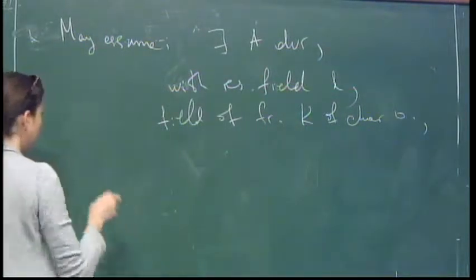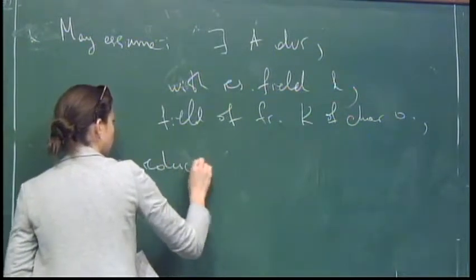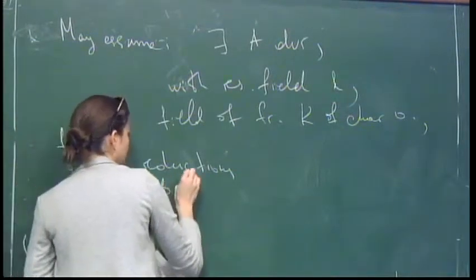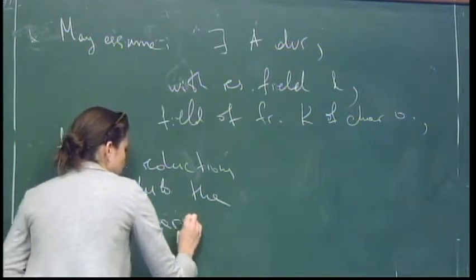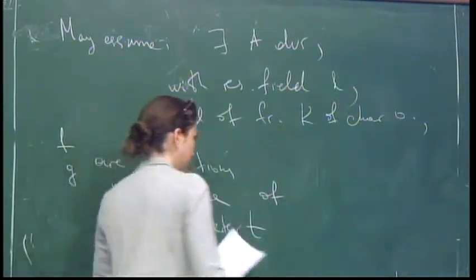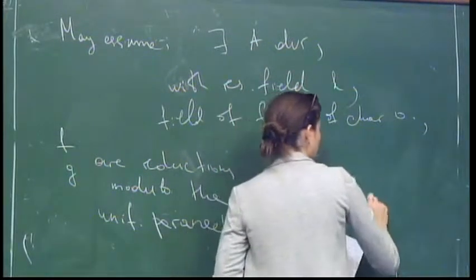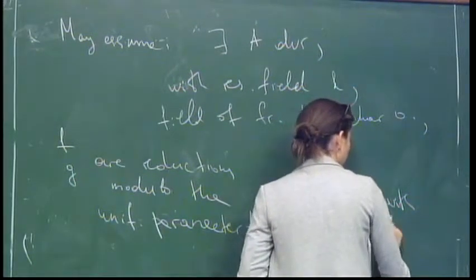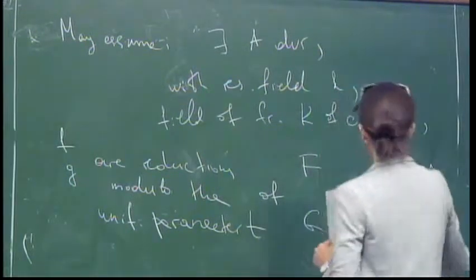And also we may assume that f and j are reductions modulo the uniformizing parameter little t of polynomials with coefficients in A of the same degree. Here we have 2d, and here we have d.